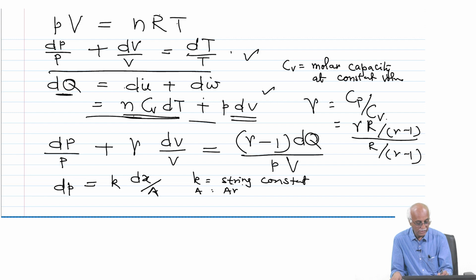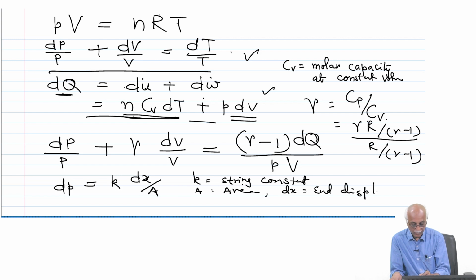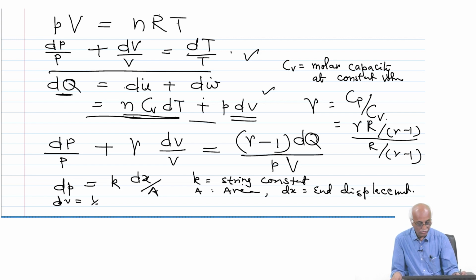A is the area, and for a cantilever beam, dx is the end displacement. And dV is equal to half A into dx.